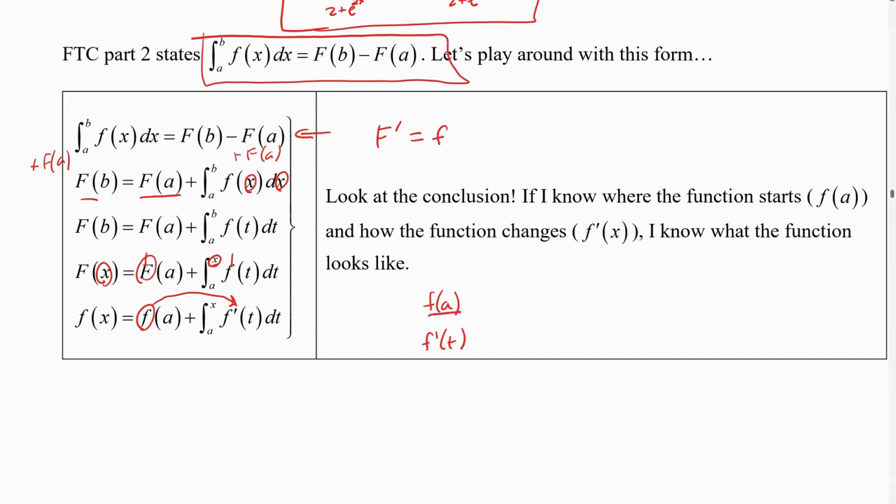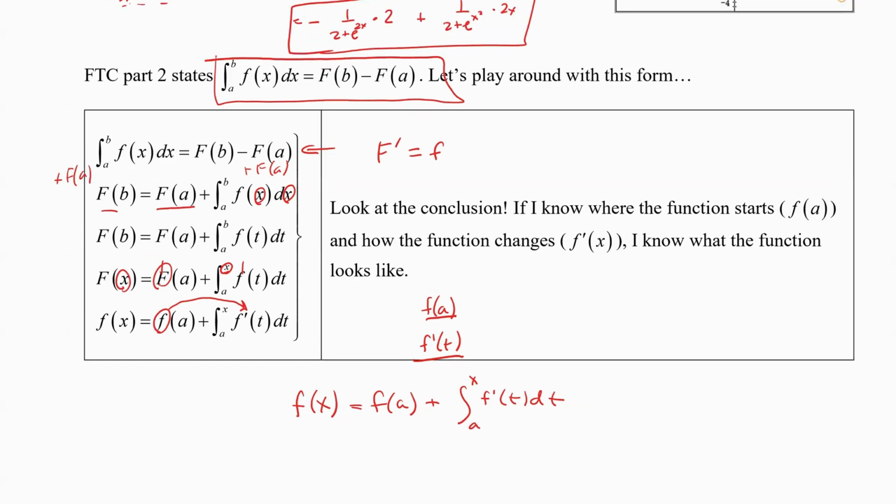If you tell me where I start and you tell me how I change, I can tell you where you end up. You start at f of a, and this integral from a to x of f prime of t dt lets you know where the function ends up. Very powerful.